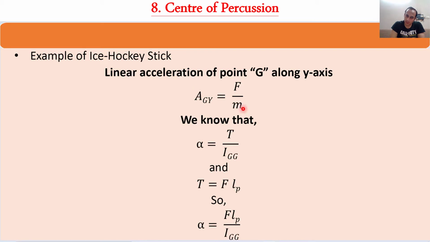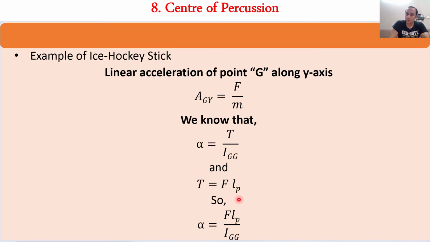It's the same thing, but now we are applying it to the rotational system because there's a rotational motion also going on in the ice hockey stick, the rotational motion of the hockey stick around its CG axis. Okay, so we know that angular acceleration is equal to torque over IG, where IG is the moment of inertia of a particular body with respect to the axis passing through CG, the center of gravity. Okay, we also know that the torque is equal to F into LP.